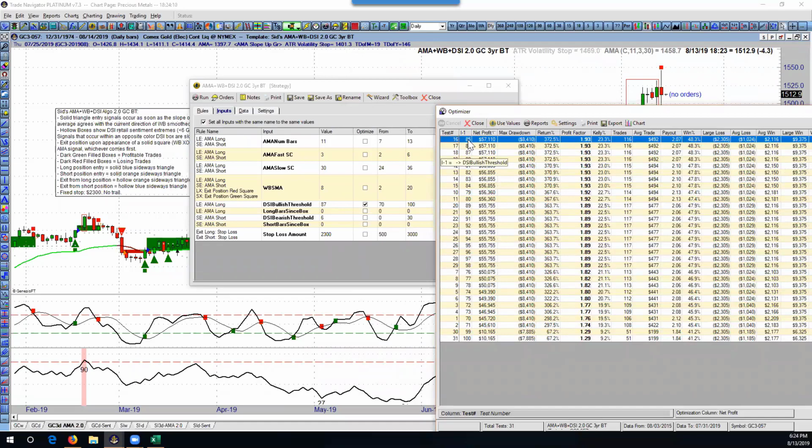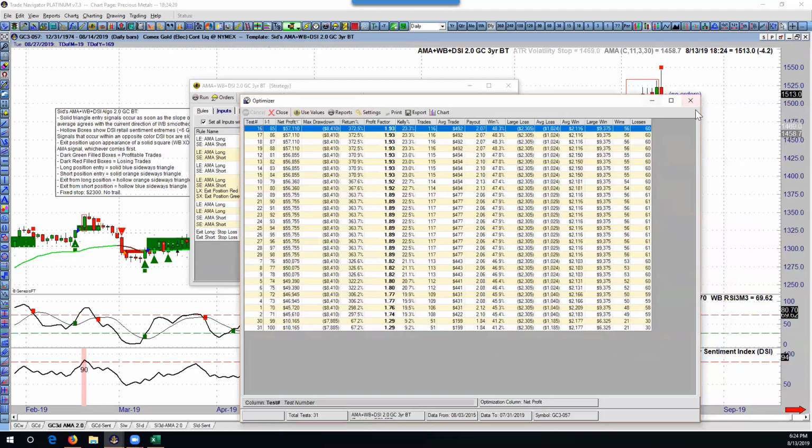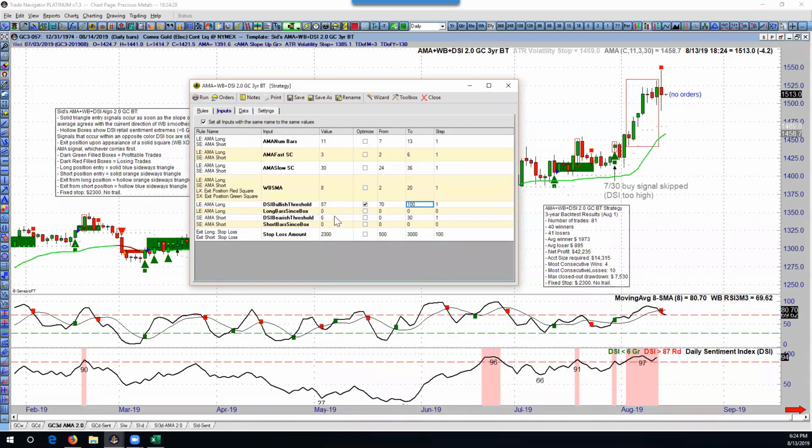But, and I always take the highest number, 88. That would have changed this only from an 87 to an 88, so it'll almost make no difference. It makes no difference. And probably the reason why it doesn't make any difference, 87 or 88, is because it would have gotten long in this same spot here, and it would have gotten stopped dead anyway.